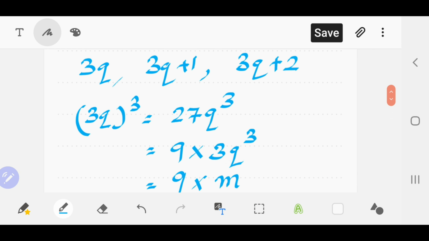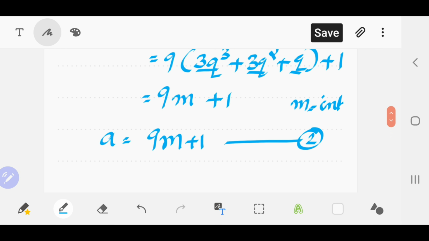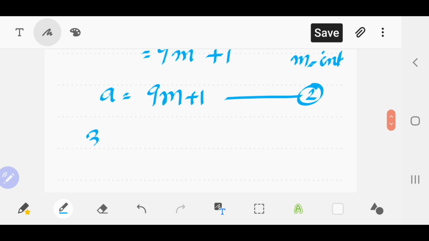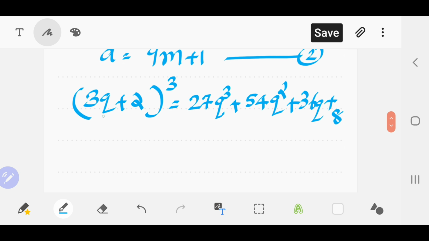Now in the third case, what was our a? 3q plus 2. So if a is equal to 3q plus 2, then what will be 3q plus 2 the whole cube? The same identity you can use here. You will get 27q cube plus 54q square plus 36q plus 8. If you expand 3q plus 2 the whole cube, you will get it like this.